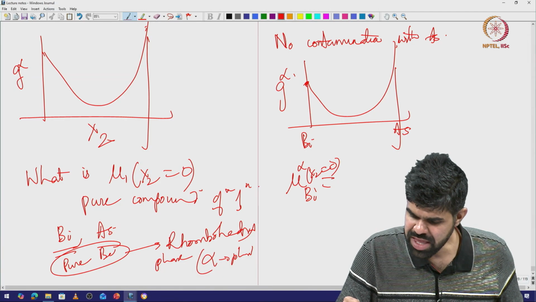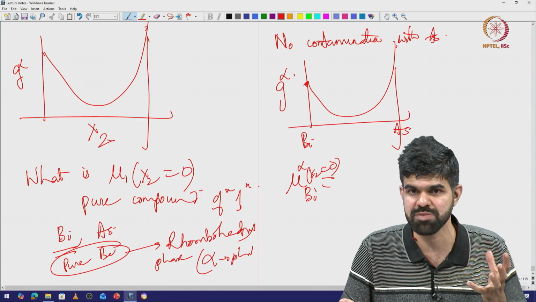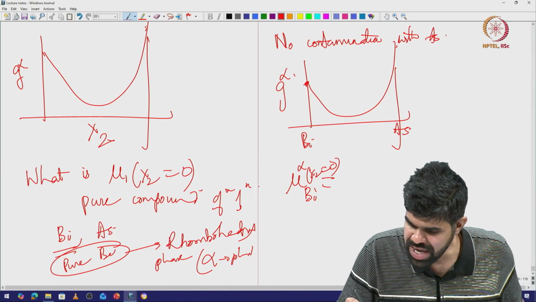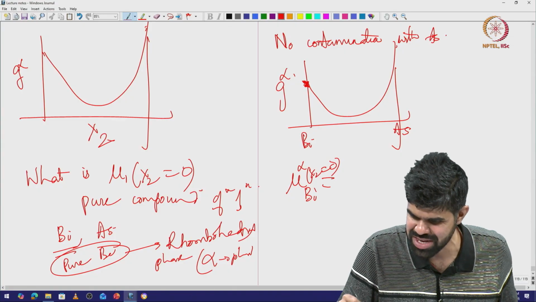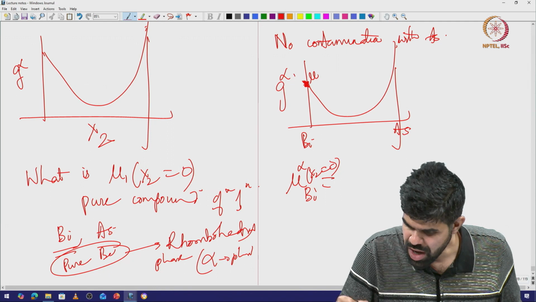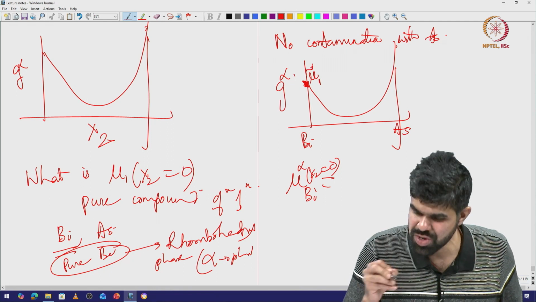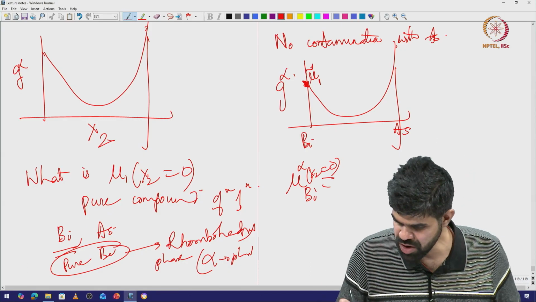And so it is actually just the mu of bismuth. So, I am adding one more bismuth atom to the same pure bismuth, but I can also take a slope here at x2 equal to 0, and that is nothing but just that point, that is mu1 of pure bismuth, and pure bismuth I am just going to write as mu1 tilde. Mu1 tilde is mu1 of pure bismuth.